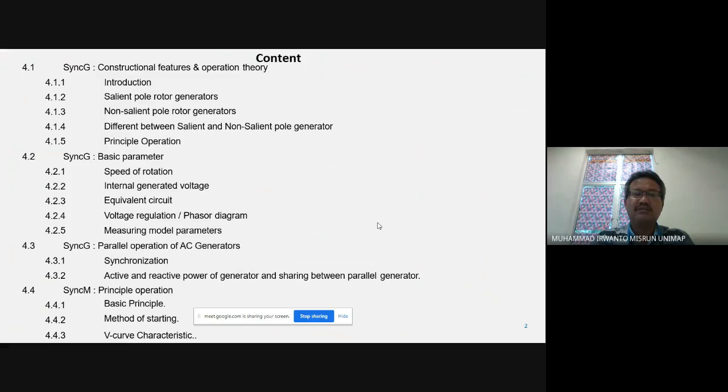Then the parallel operation of AC generators, meaning that when one generator operates first, the second generator will then be connected to the first generator. How to do the operation of two generators in parallel.